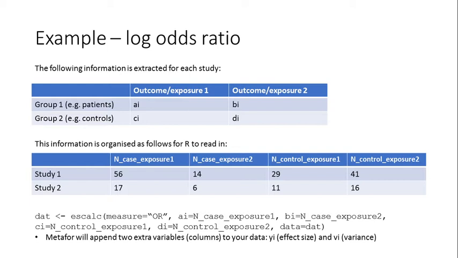So you want to tell R that it thinks this box is called ai, and you want to tell it where to find ai. So you tell it to look in this column of your data. And the same with bi, which is that box, and then ci and di. So you tell it all that.